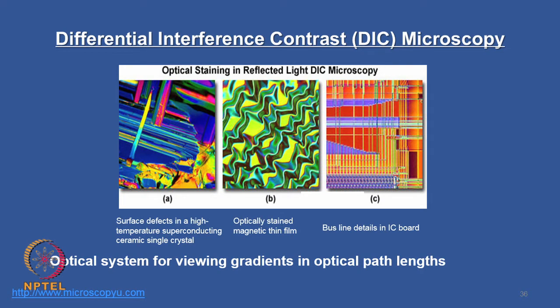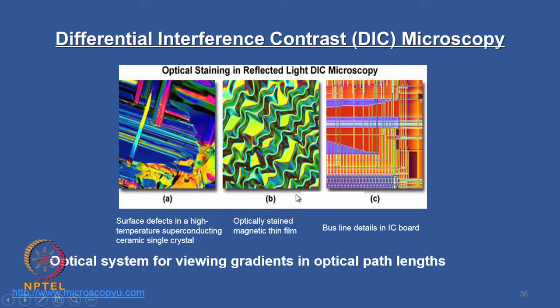Look at this slide. As usual, I have picked up some classical images from the website microscopyu.com. The first image shows surface defects in a high temperature superconducting ceramic single crystal. You can see the kind of clarity and contrast you get on the ceramic surface through DIC.